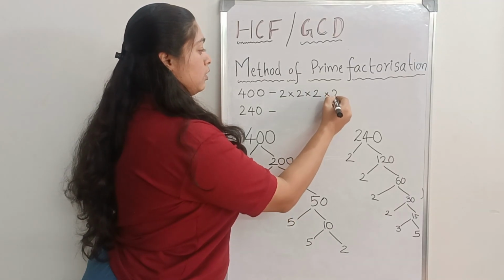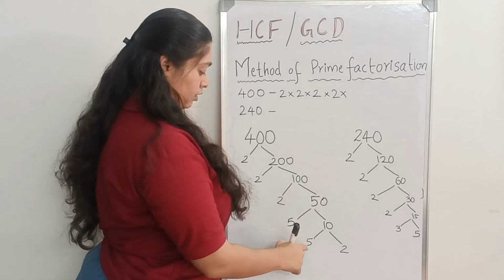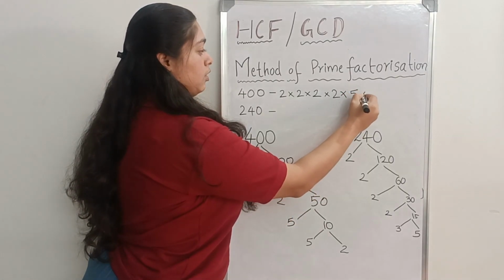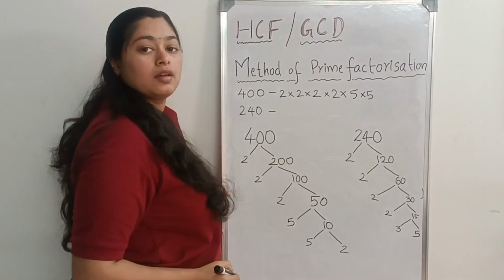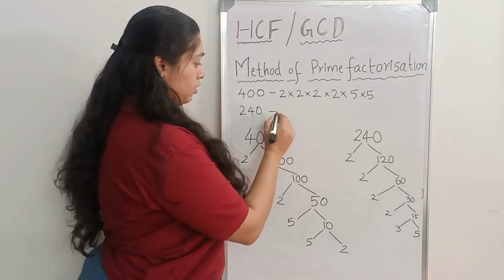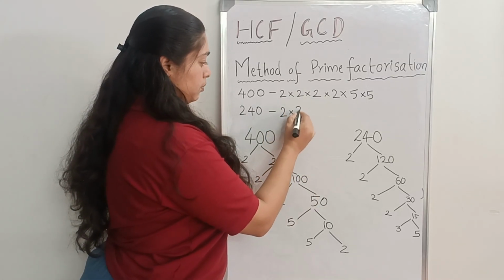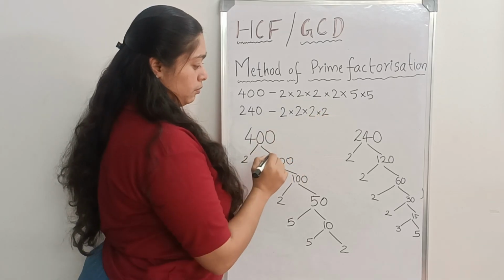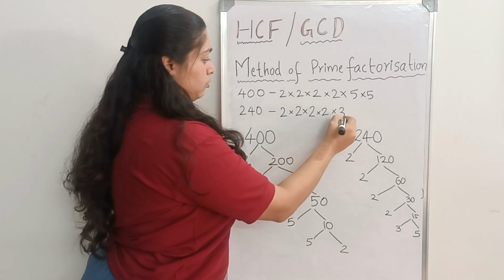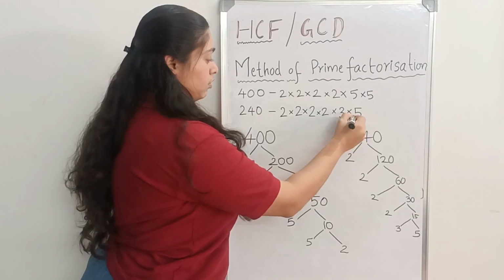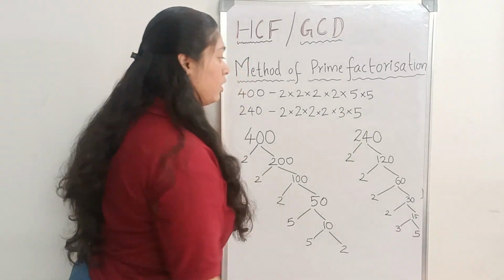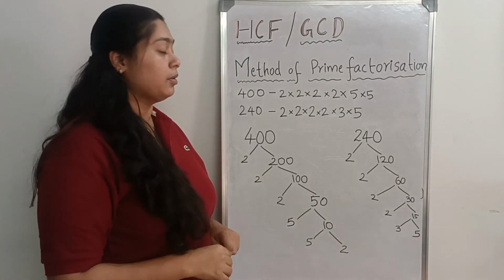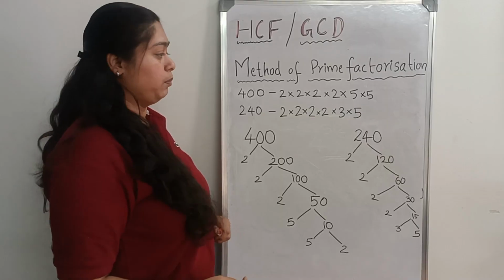So let's write that over here. Multiply by 5, multiply by 5. And for 240, 2 multiplied by 2, multiplied by 2, multiplied by 2. And then I have a 3 multiplied by 5.